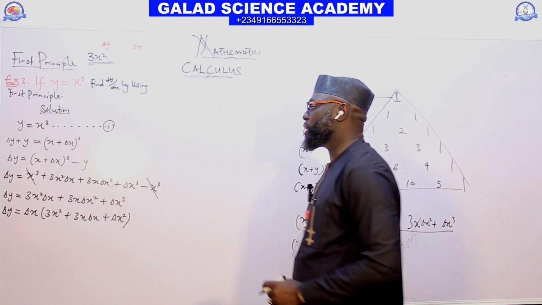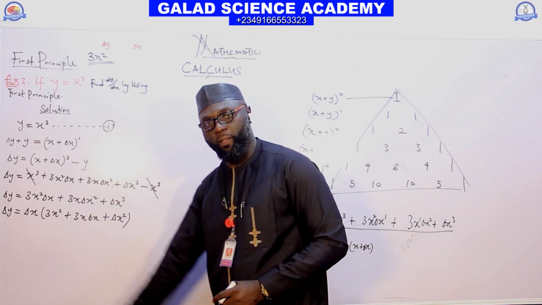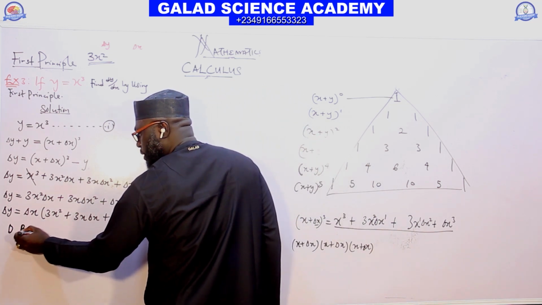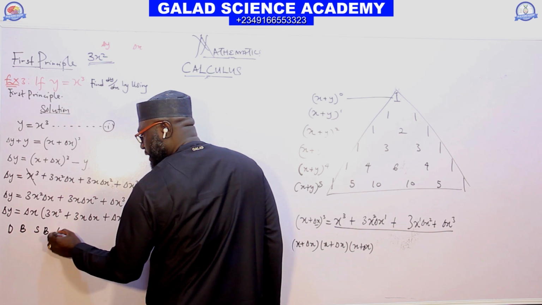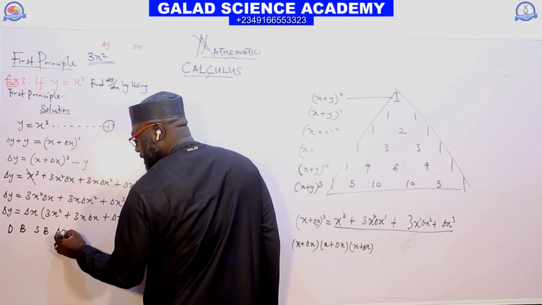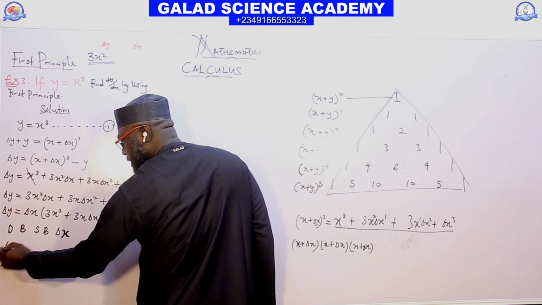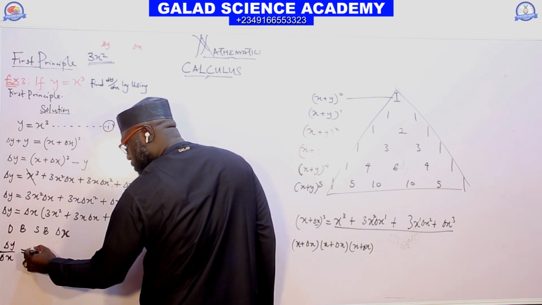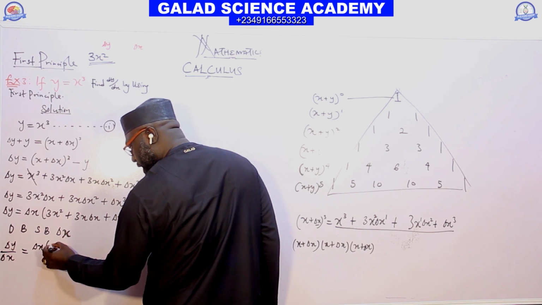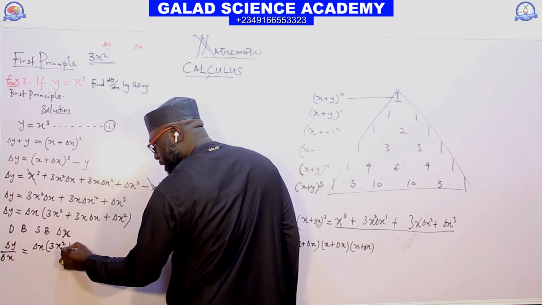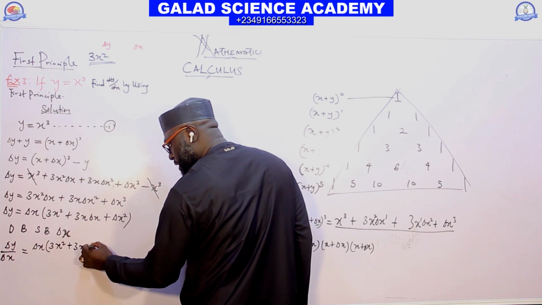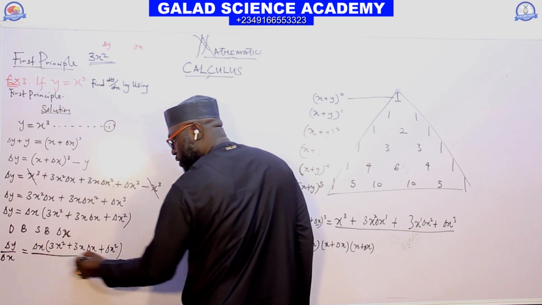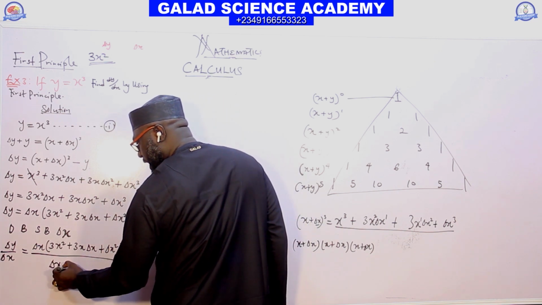So the next thing we do now is divide both sides by change in x. So you now have change in y over change in x equal to change in x times 3x square plus 3x change in x plus change in x square, everything over change in x.